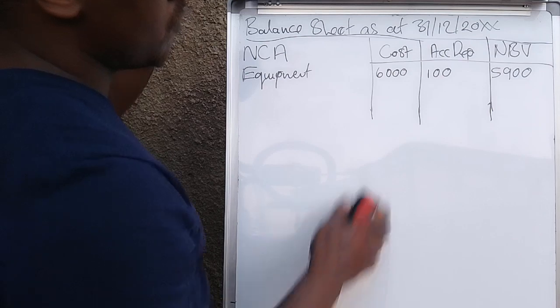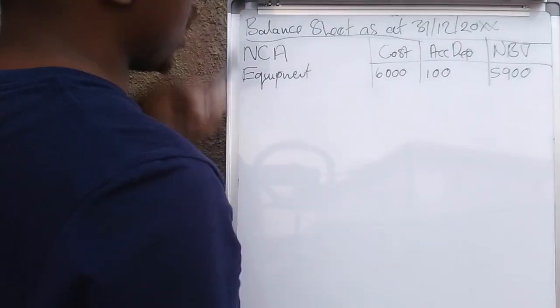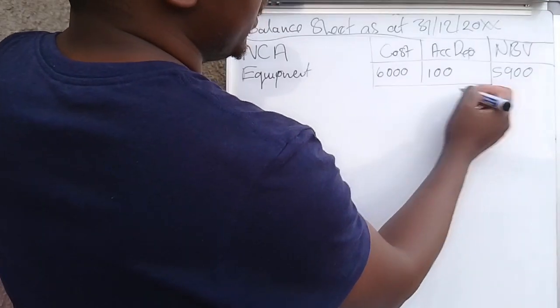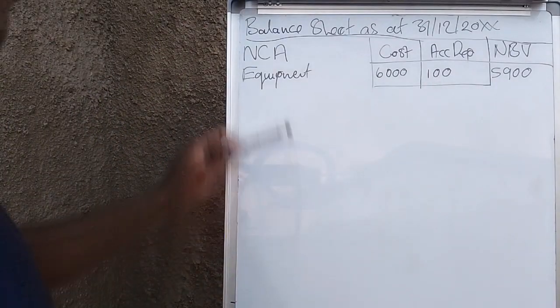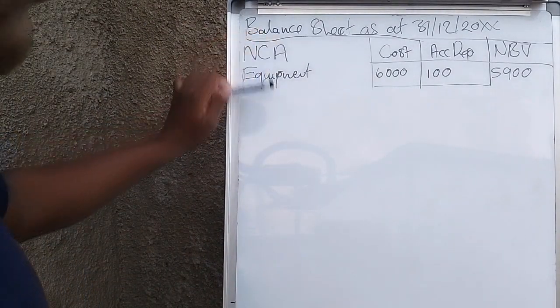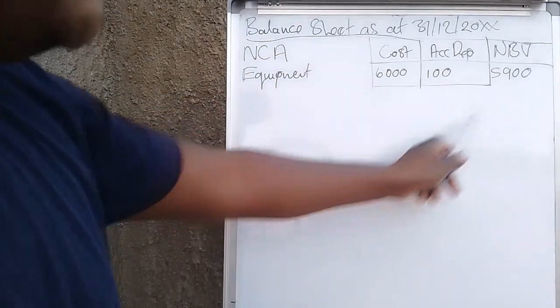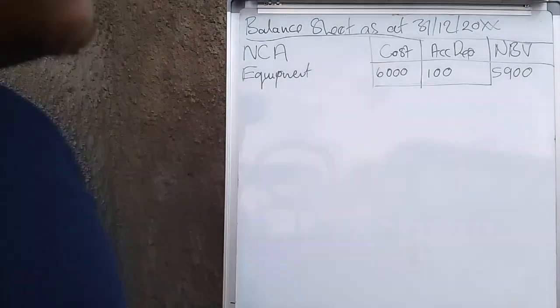This is all for our non-current assets. This is what we have, 5,900. If we have like 5 items or 3 or more than 2 items, we would put these figures, then try to add. Then the total here on the net book value is what we go down with.